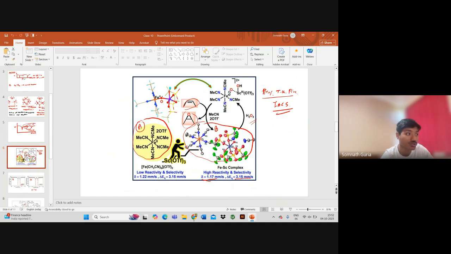Followed by that, we talked about some data regarding the iron 4 oxo system, where this iron oxo species has been transferred to an alkene molecule. This iron oxo molecule can be identified by Mossbauer spectroscopy.